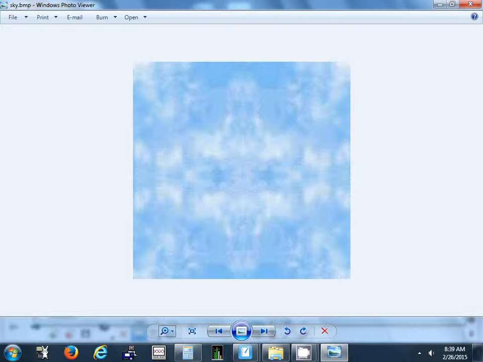Well, sky is something that's infinitely big. So if you wanted to create an image that was infinitely big, it's going to be a very large picture. So what you can do instead is use a pattern that repeats. It's the same pattern repeated over and over, but it tricks someone into thinking it's infinitely big when it really isn't.